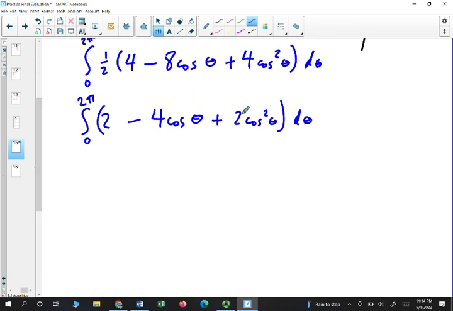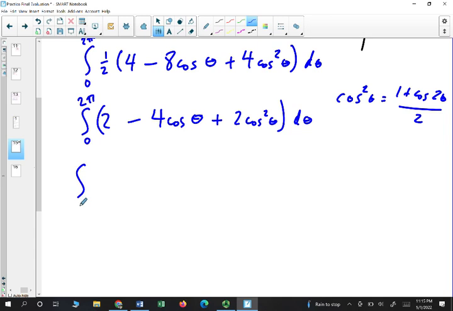The only one we can't integrate directly is the 2 cosine squared theta. So instead of cosine squared, I will use our identity, 1 plus cosine of 2 theta over 2. We could replace cosine squared with that.